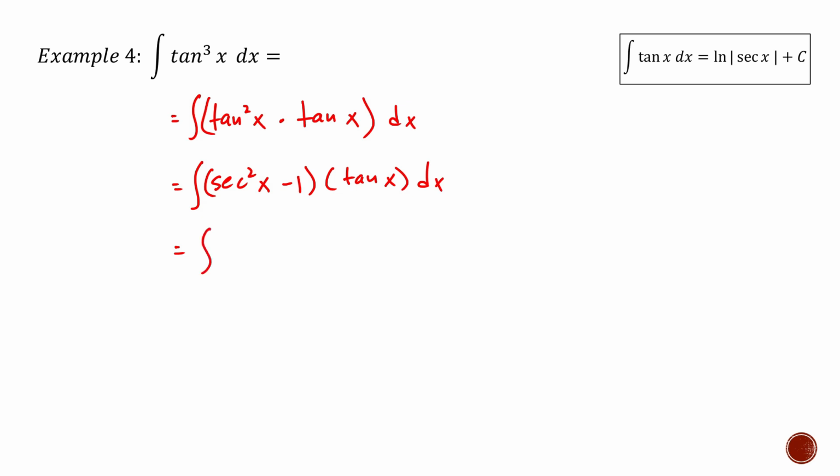Then I will multiply the tangent x to secant square x and that negative 1. So this will be equal to tangent x secant square x dx minus tangent x dx. Now, we already know the antiderivative of tangent x, that's the one on top.